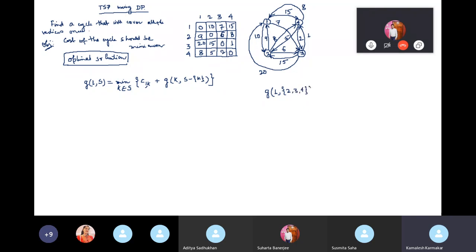This is the remaining set of vertices. Clear? So if we choose this as the starting position, what can be the next vertex you can visit? Starting from 1, the next vertex can be 2 or 3 or 4.